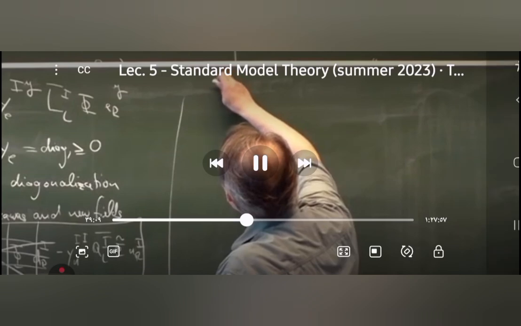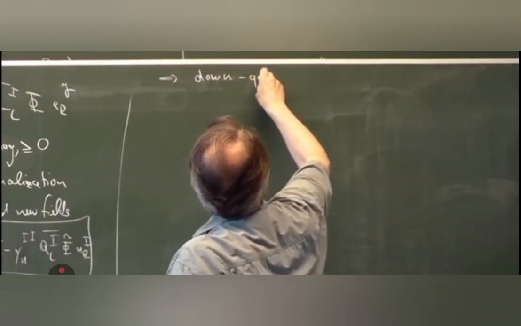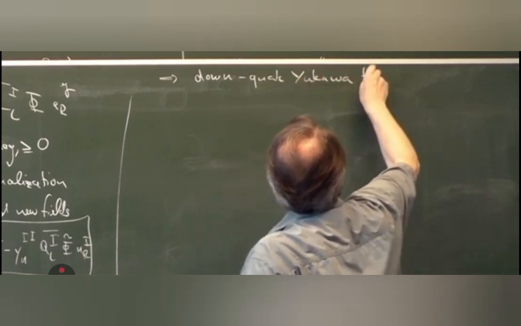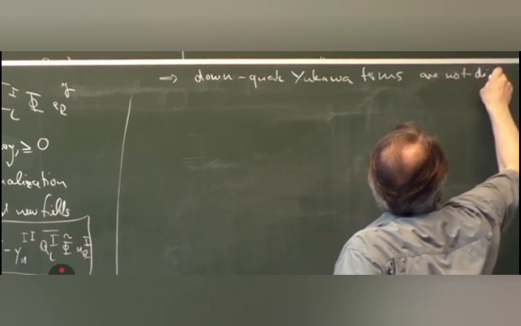And so therefore the down quark Yukawa terms are not diagonal.